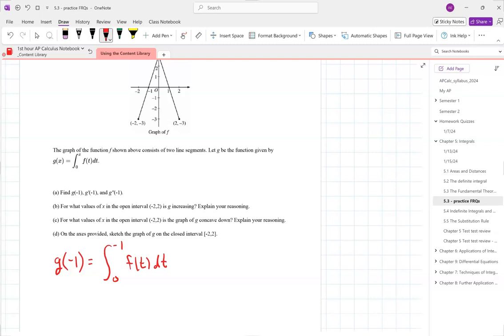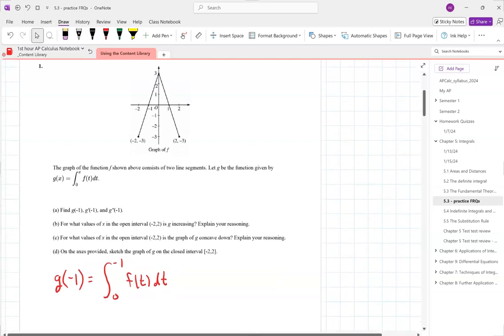So far, so good. Now, do I know the function formula for f of t? No. So am I going to look for an antiderivative? No. How am I going to calculate this integral? I'm going to look at the area under the curve.